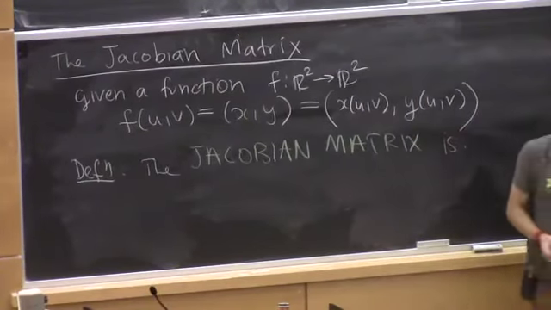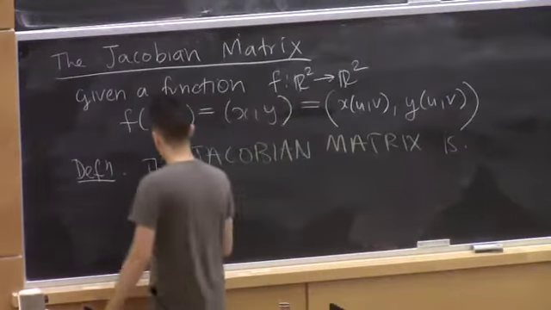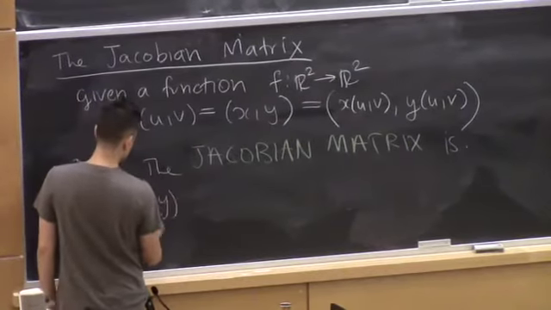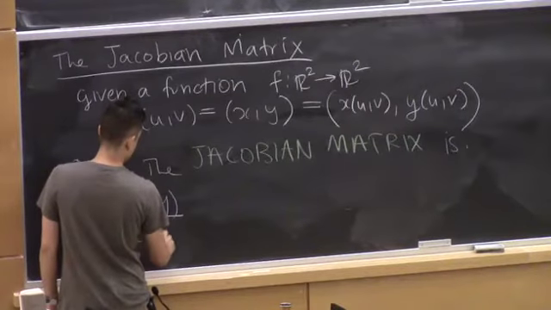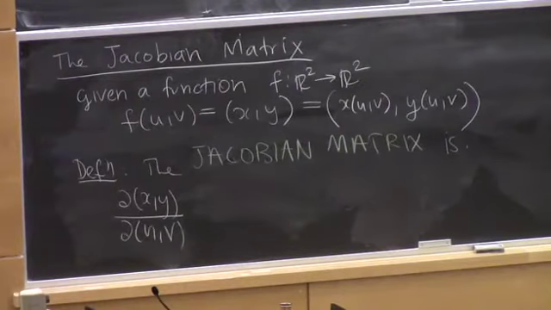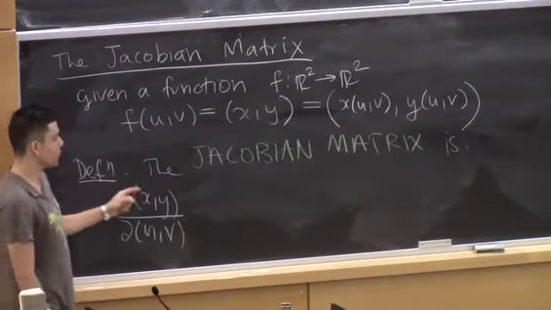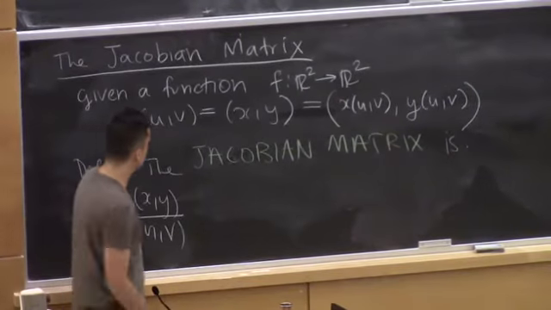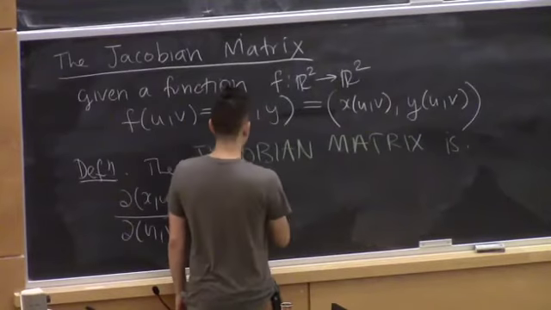Okay, the Jacobian matrix is the following thing. Okay, so we're using our partial derivative symbol in a new way. The partial derivative of the coordinates x, y with respect to the coordinates u, v is the following guy.